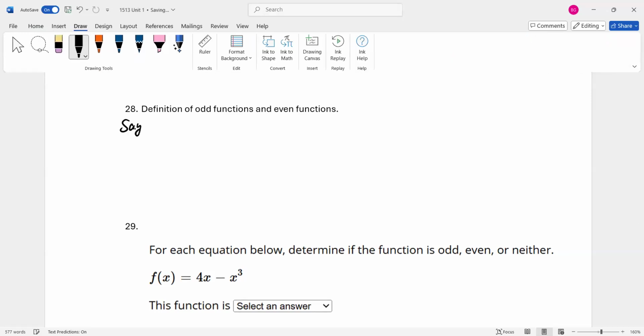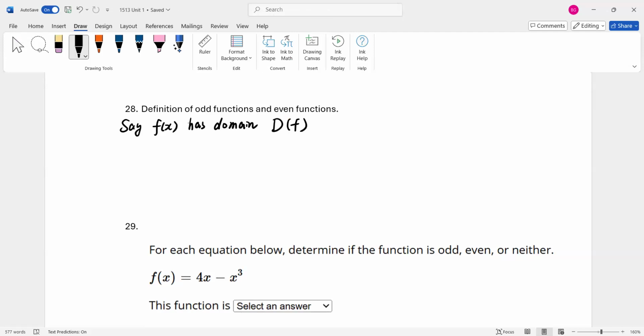Say f of x has domain D, and we can use D of parentheses of f to represent the domain.